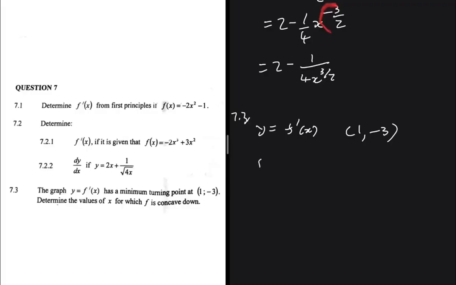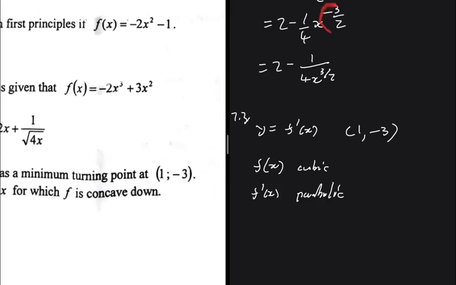So if we have f of x and your graph is cubic, when you find f prime of x, your graph is parabolic. And then at the turning point of that parabolic function, that's where you have your point of inflection. And here we are given the x value at the turning point. It is said to be equal to 1.